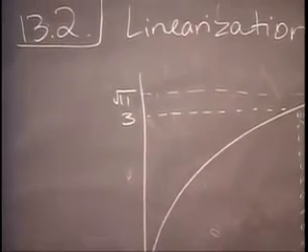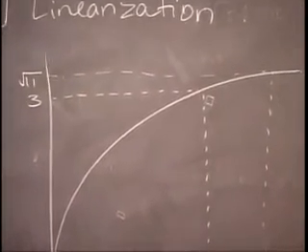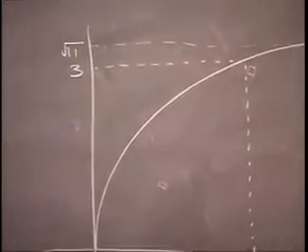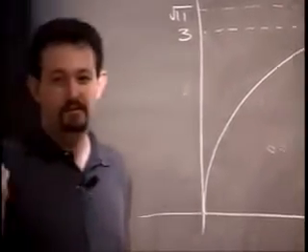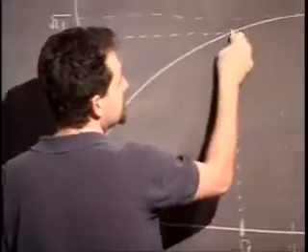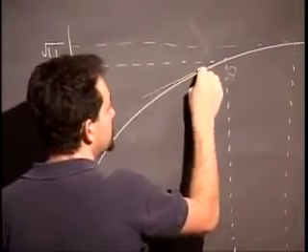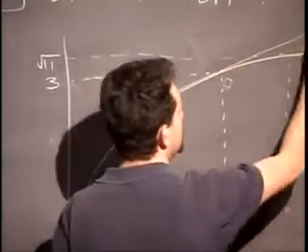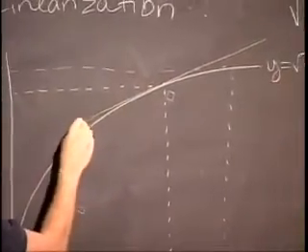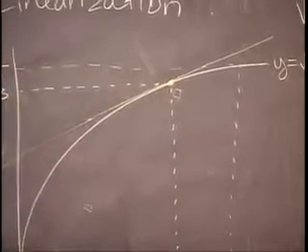Now, I'm going to use green. Suppose we draw the tangent at this point, at 9, 3.